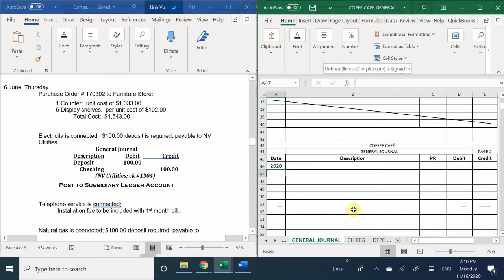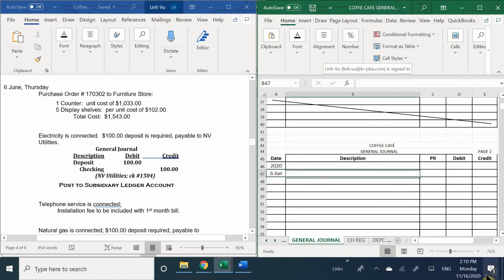All right, so here I laid it out for you. The electricity is connected. They require a deposit. Okay, so I'm going to journalize on the 6th.